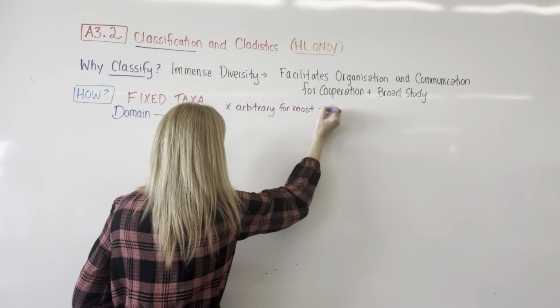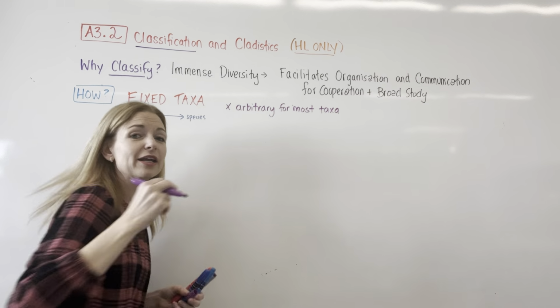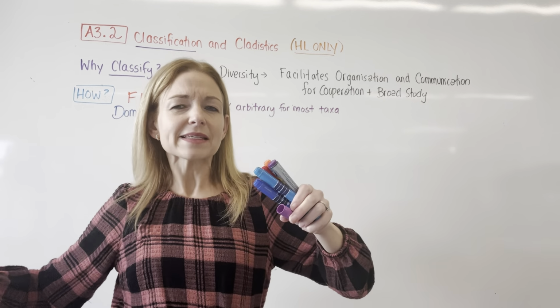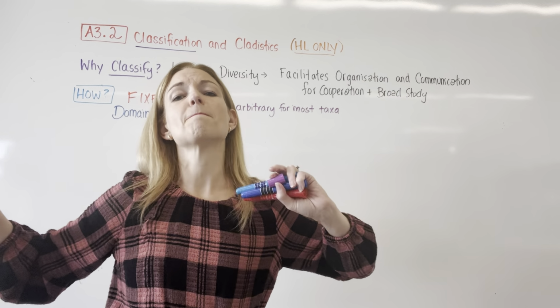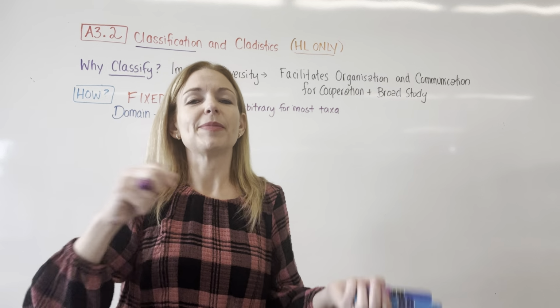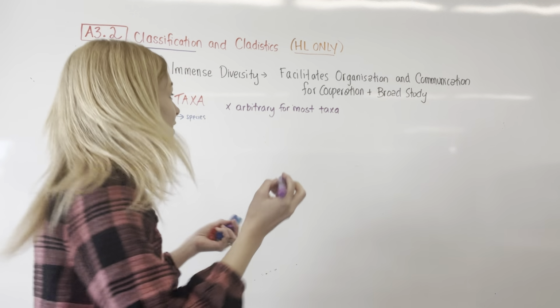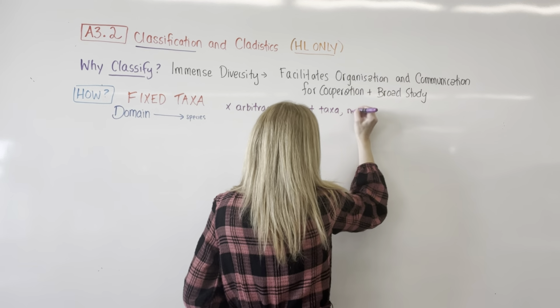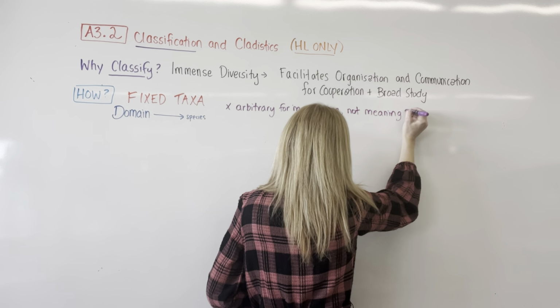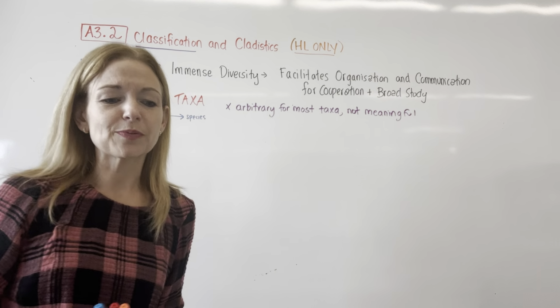Kingdom's a little bit better, because we can do it based on cell wall makeup and certain things. Species have a definition, but a lot of the ones in the middle don't have clearly defined characteristics. It just becomes, they decided this now looks different enough to separate them. So that's the first problem.